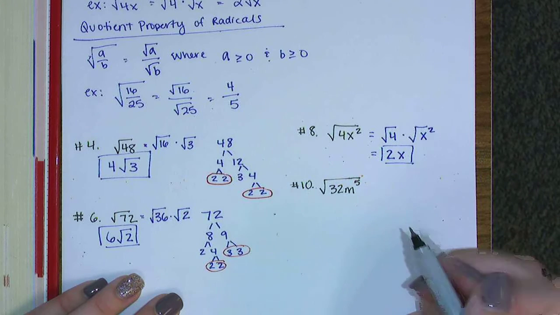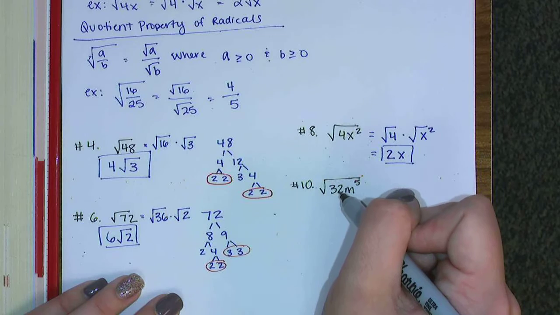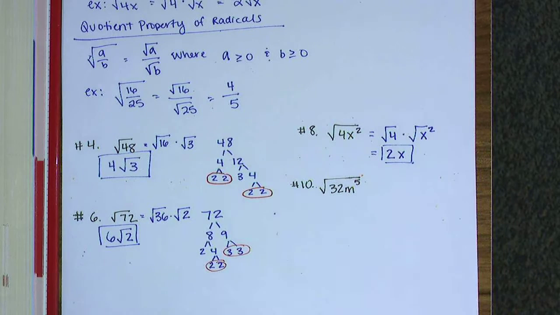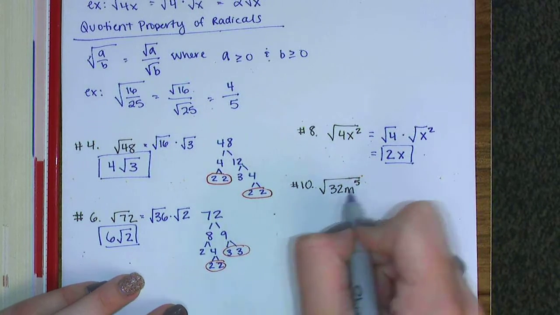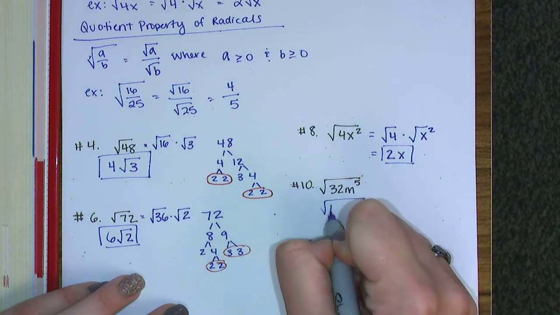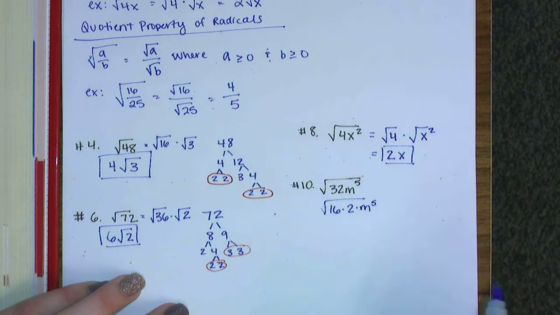If you recognize what perfect square can be pulled out of this just looking at it, you can do that if you would like. If you recognize that, you'll know that it's 16 times 2 is what 32 is. So you could think about this as the square root of 16 times 2 times m to the 5th. Okay, and then you could break it out.